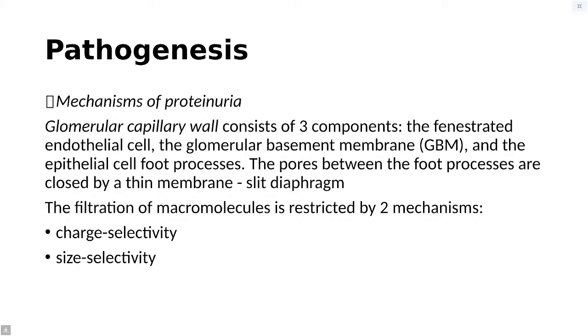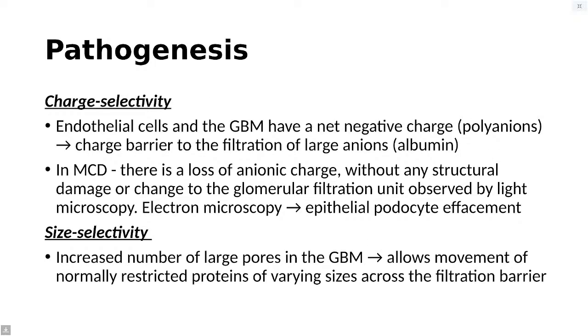This is the second mechanism of proteinuria. The charge selectivity. Endothelial cells and GBM have a net negative charge, polyanions. As a result, there is a charge barrier to the filtration of large anions, for example, albumin.